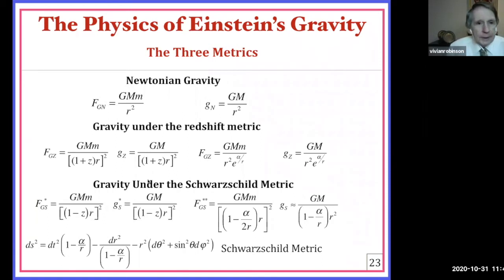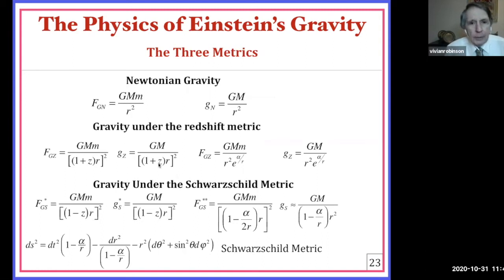I was mentioning earlier that Newtonian distances become relativistic distances, 1 plus z times r. So if you put that into Newton's equations, you get these expressions for the acceleration due to gravity and the gravitational force.